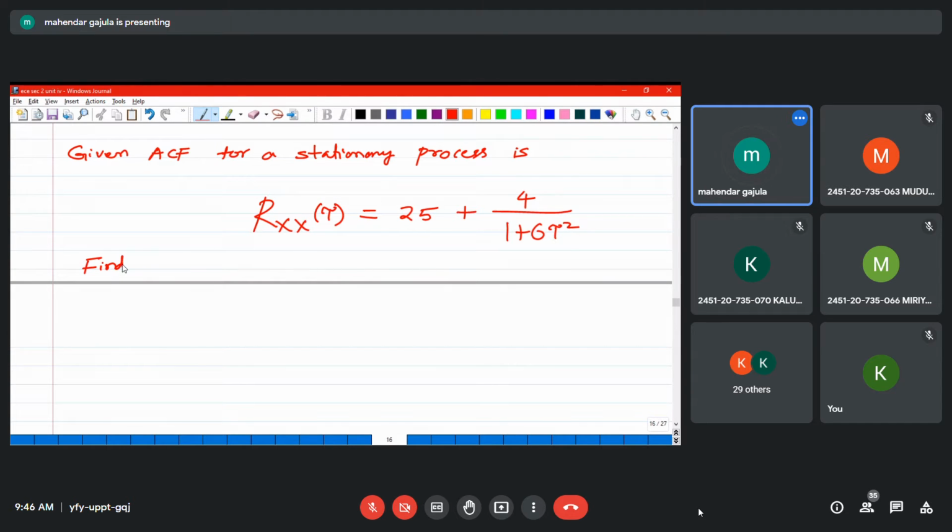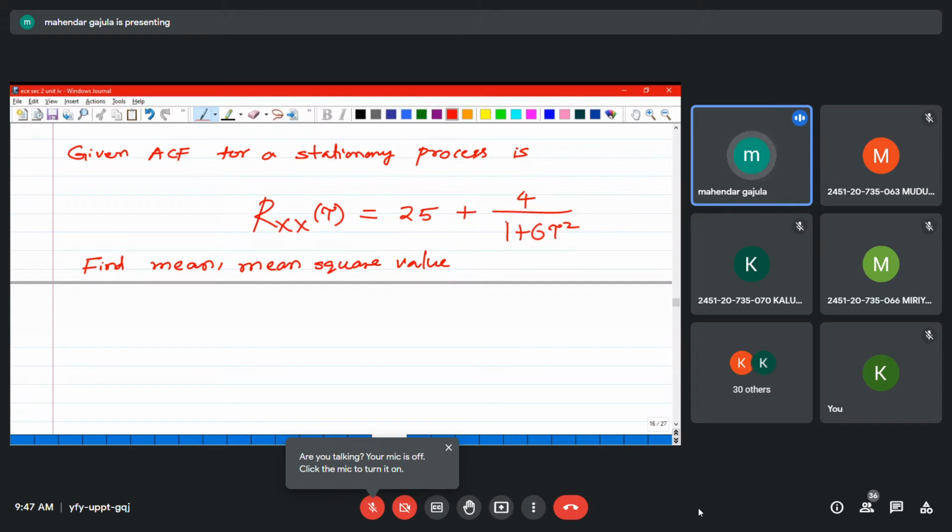Find the mean, mean square value and variance of xt.